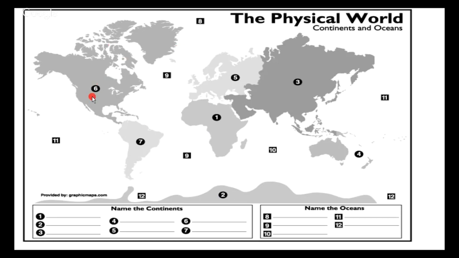6. River system on 6. Mississippi, Missouri. Largest river system on 1. River Nile. Largest river system on 7. Amazon River. What about 3? Yangtze. And 5?